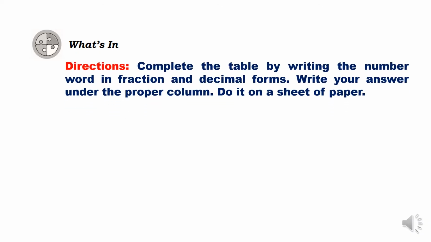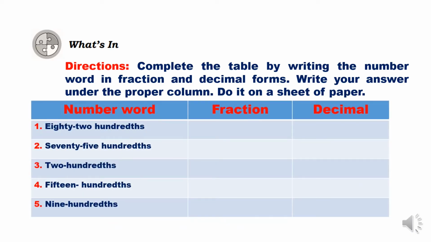Directions: Complete the table by writing the number word in fraction and decimal forms. Write your answer under the proper column. Do it on a sheet of paper. Number word, fraction, and decimal. Number 1. 82 hundredths, in fraction, in decimal. Number 2. 75 hundredths in fraction form and in decimal form.